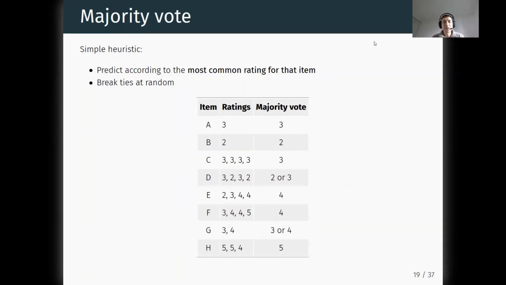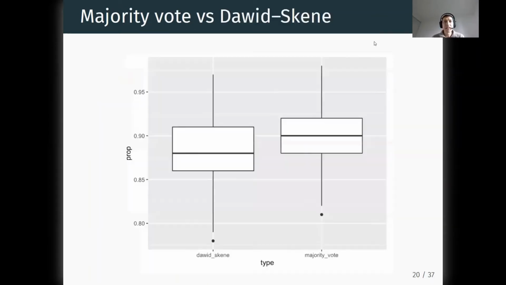How does that do compared to Dawid-Skene? Well, if we assess it using our simulations and using just the accuracy of the hard calls, it does remarkably well. In fact, it does better than the Dawid-Skene model. So here, on average, we're getting about 90% correct with majority vote, and about 86% on average correct with the Dawid-Skene model.